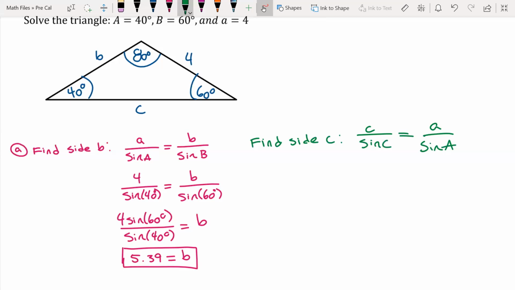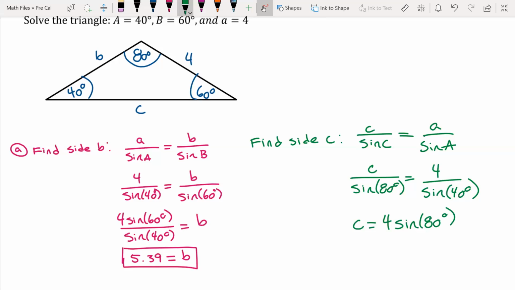No decimal numbers. Okay, so you get side C over the sine of angle C, which is sine 80, equal to side A over the sine of angle A. Just multiply this sine 80 to the right side, and we get C equals 4 sine 80 over sine of 40.